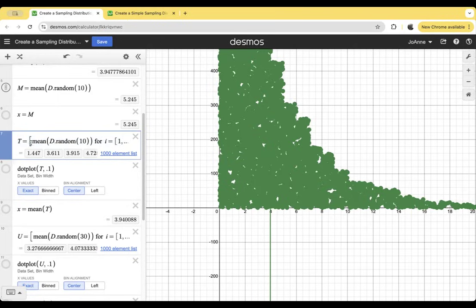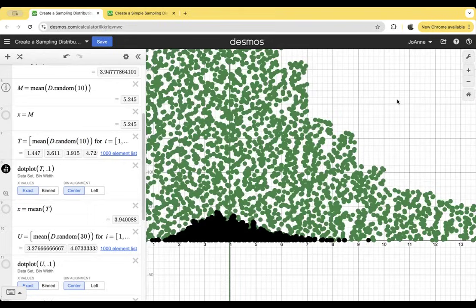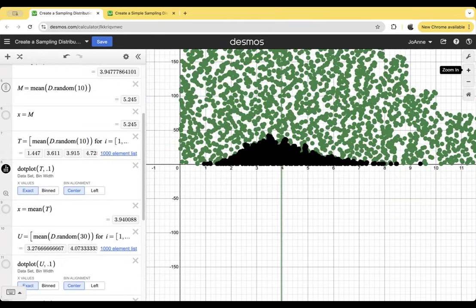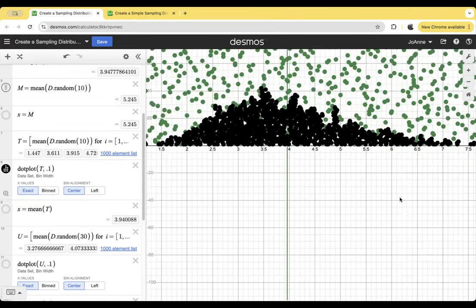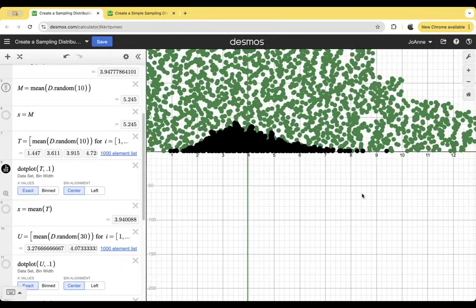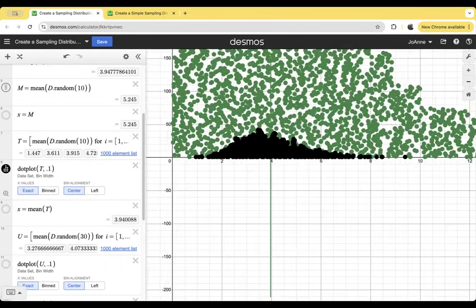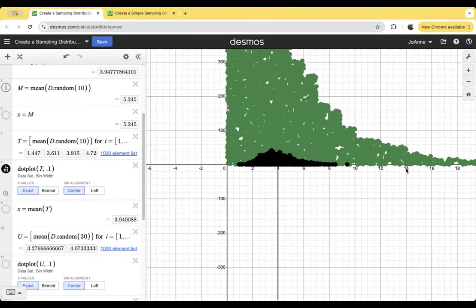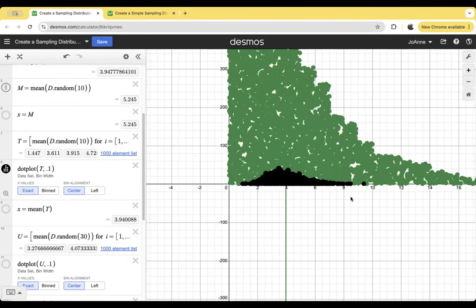If I plot this distribution, it's going to appear in black here. You're going to see the shape of the sampling distribution for samples of size 10. It's the dots in black. As we expected, the variability of the black distribution is smaller than the variability of the green distribution, for sure.